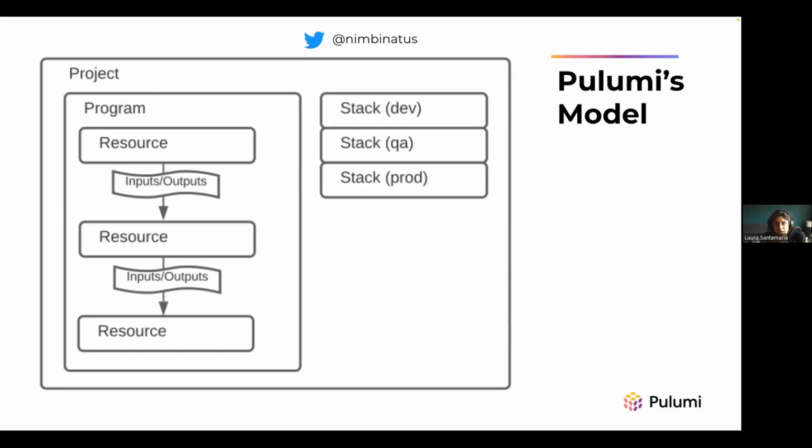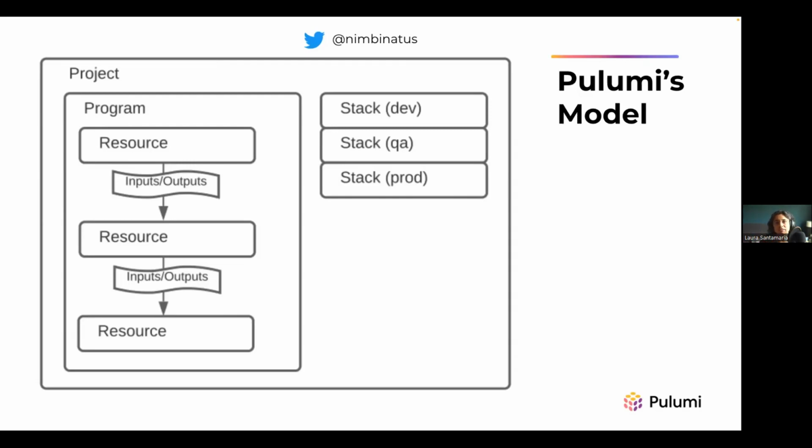Alongside the program in your project are stacks. You might know these as environments. So you might have your dev environment, which is where we're going to start today. You might have a staging environment, a QA environment, production, any of those things.